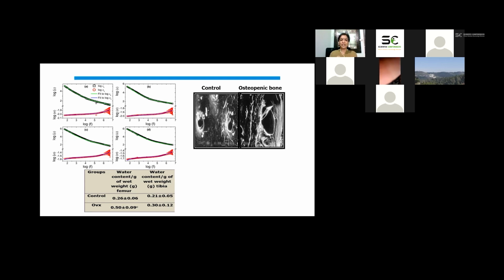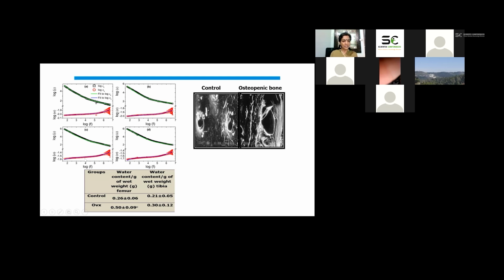That increase in water content we can see here in these graphs. This is the fitted data which we have acquired out of that electrical impedance data. If you correlate data A with B, these are two different bones: this is the osteopenic and this is the control bone.